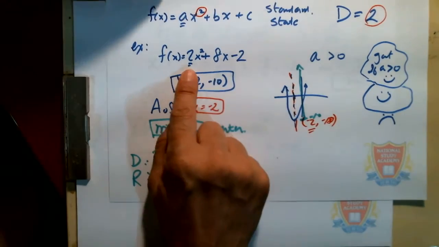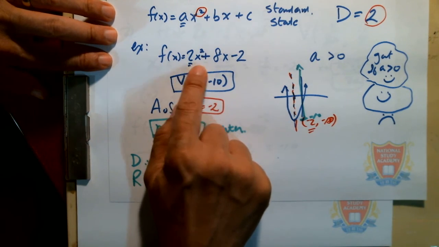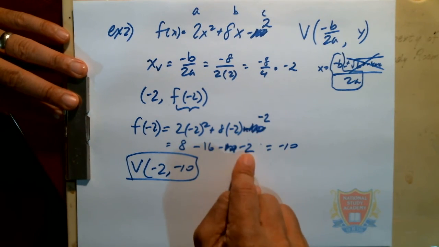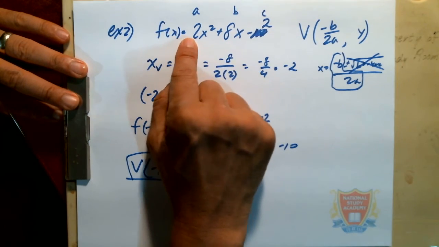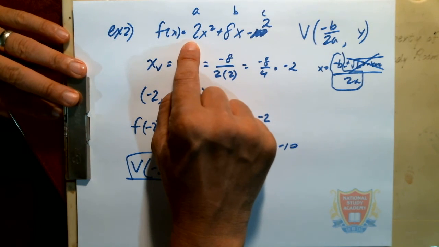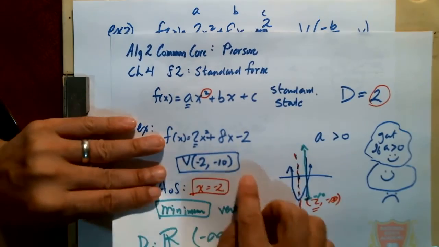Wow, it happens to be the same example that we did earlier: 2x squared plus 8x minus 2. I looked at it and said, oh, it didn't add up correctly. So I went back and I miswrote example number 1, which was 2x squared plus 8x, and it should have been minus 2 right there.